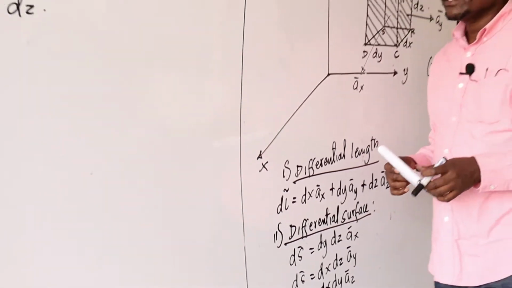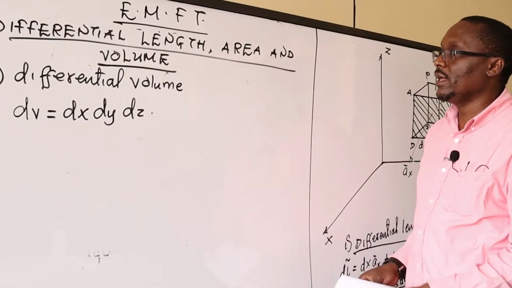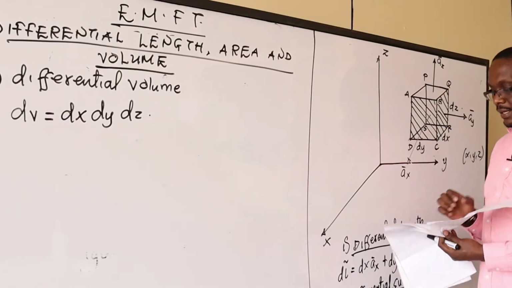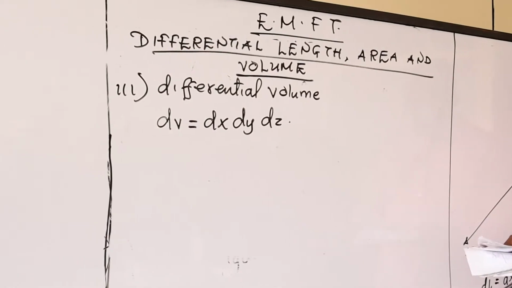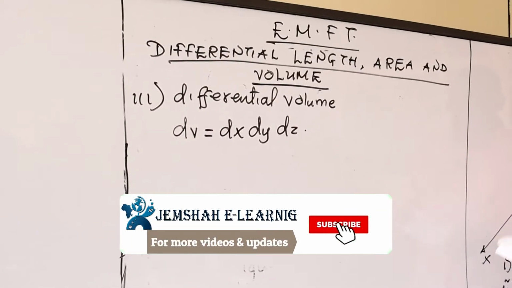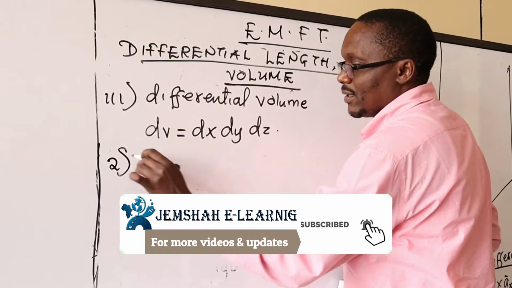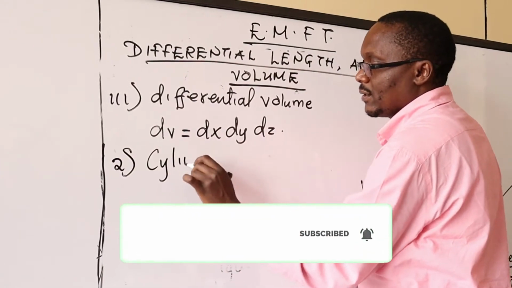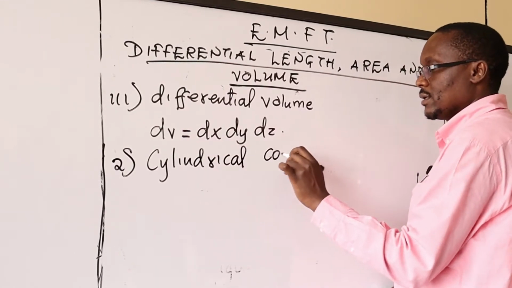Then apart from that, we can also look at how we can represent our differential length, volume, and area in our cylindrical coordinate system. So the second one is cylindrical coordinates.